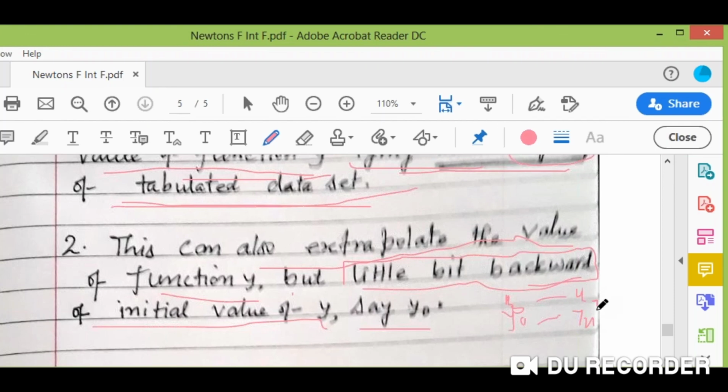It will make the extrapolation not after yn, outside the range.